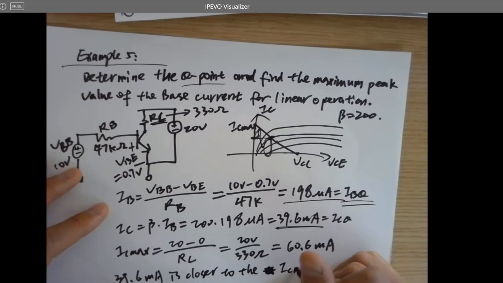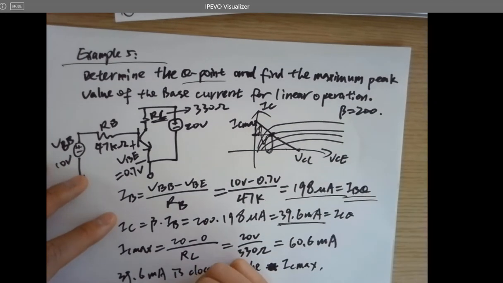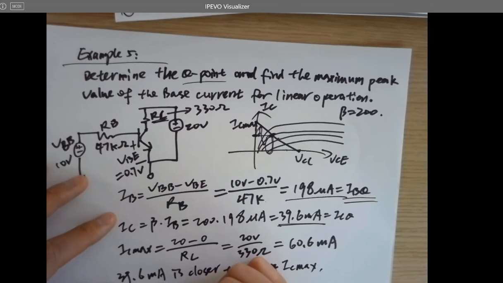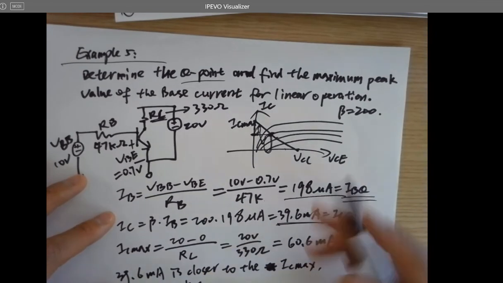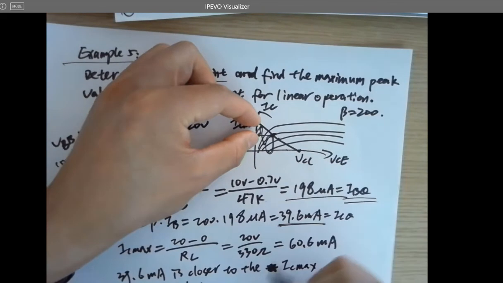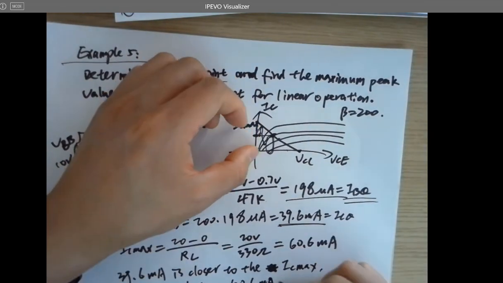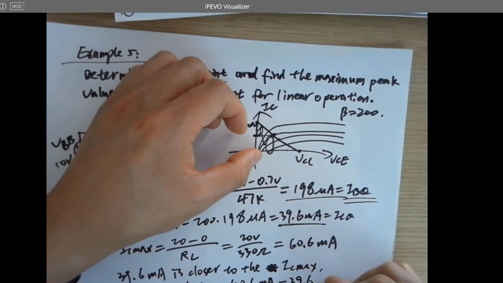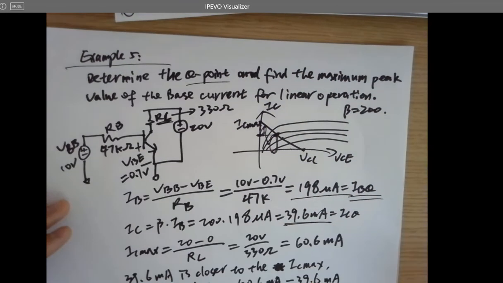Sorry for that. So the peak IC is here, which is 60.6 milliamp minus this. Let's call it ICP.